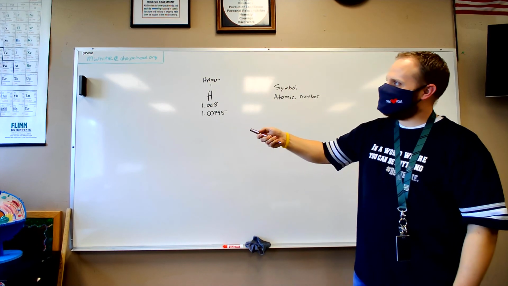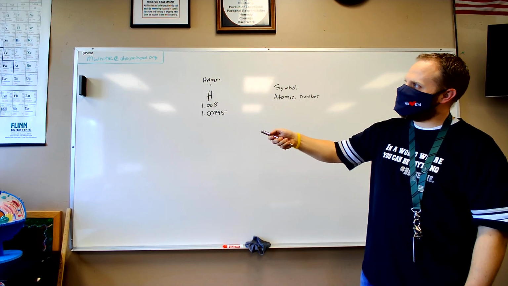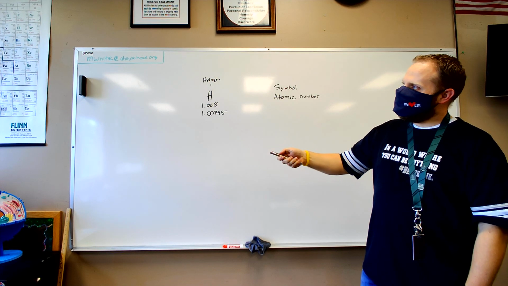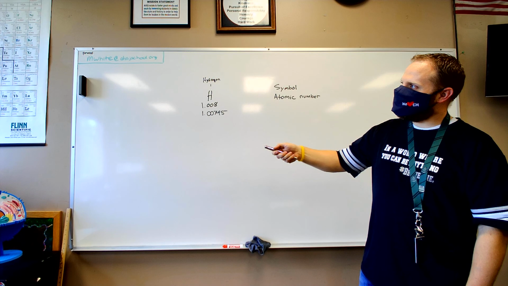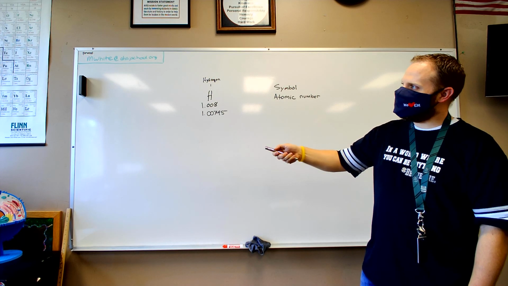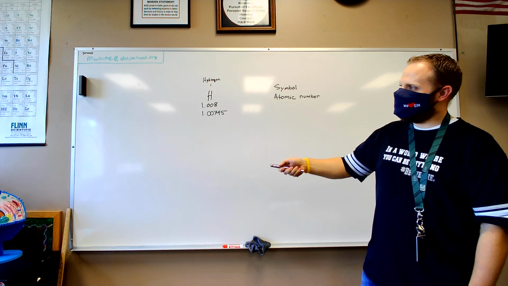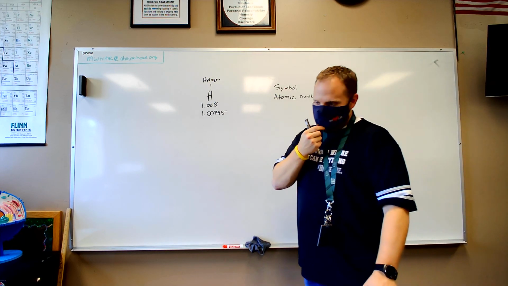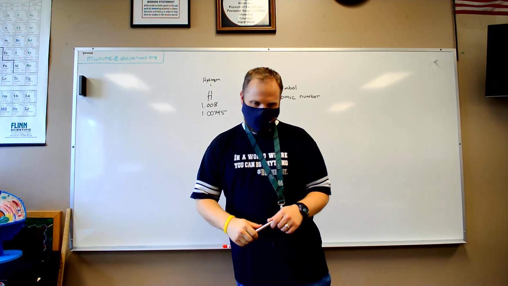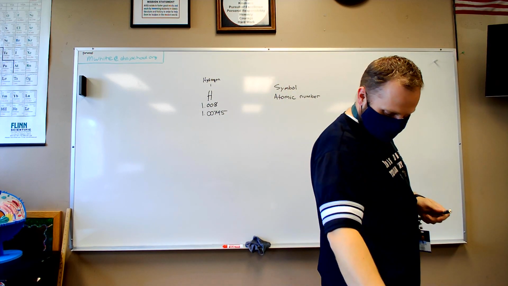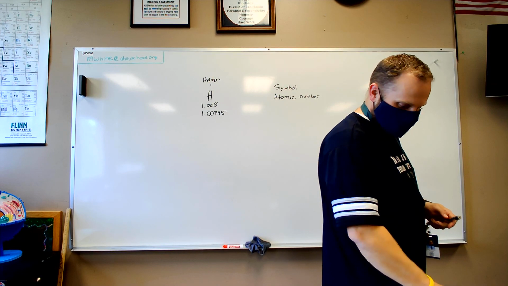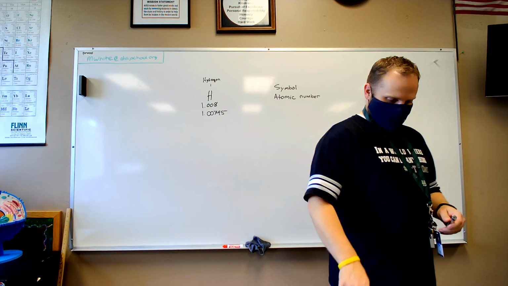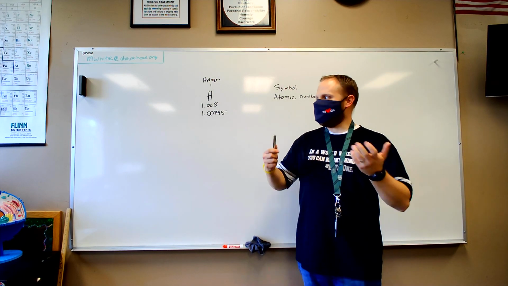And then the P block is basically 13 through 17. Okay. D is 3 through 12 in this area. And then F are the two that get stuck down to the bottom. Okay. So basically, this tells us where we're going to find our valence electrons.